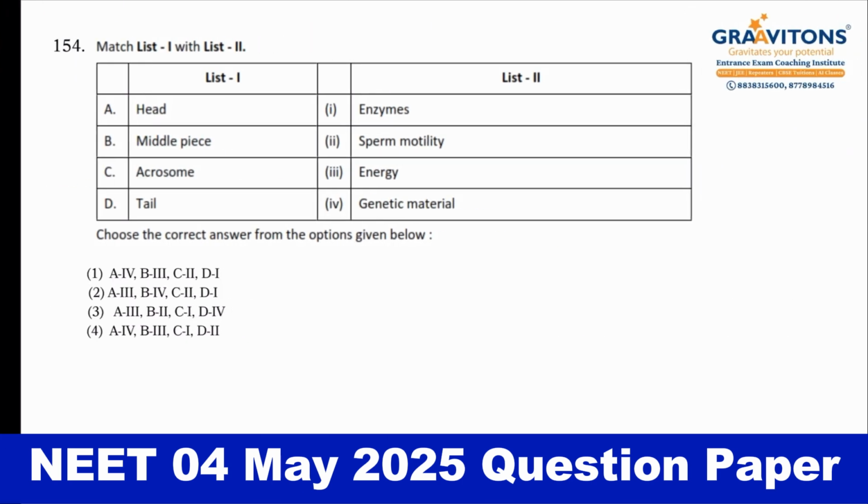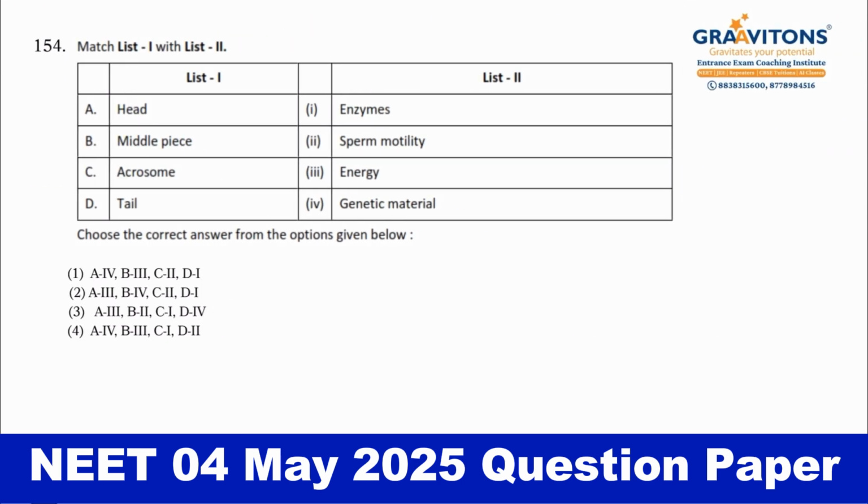And moving on to the next question, 154, again a match question. Here the parts of human sperm are given with their consecutive role. First one, head, it is containing the genetic material. Elongated haploid nucleus will be present in the head.